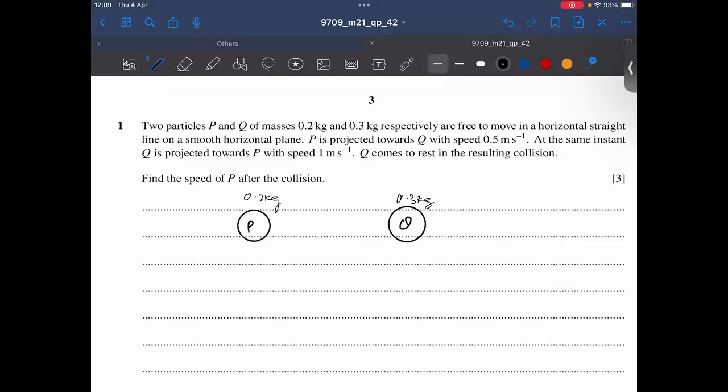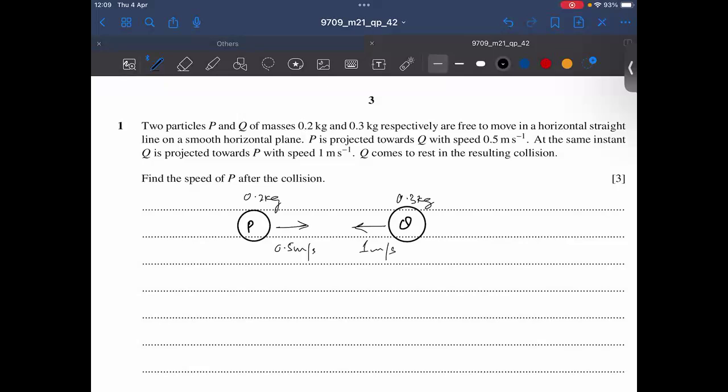P is projected towards Q, and Q is projected towards P, with 0.5 meter per second and 1 meter per second. So these are the speeds before collision.